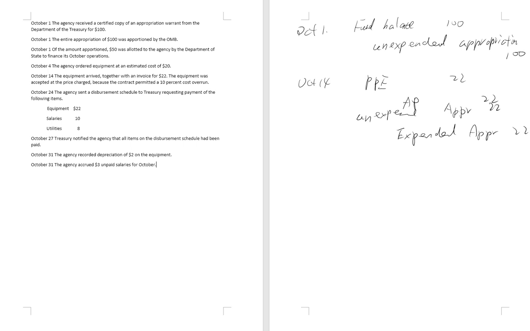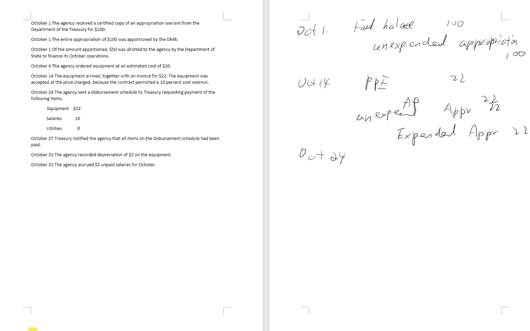Right, that's for the budgetary journal entry. And for the proprietary one, we also need to record a journal entry. Right, the first journal entry, we're going to record the request itself, right?